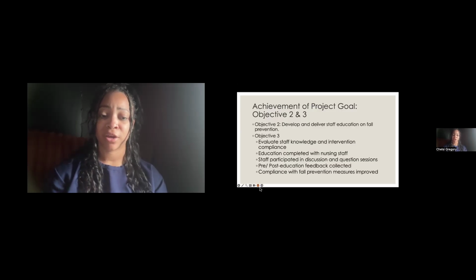I also evaluated compliance with the fall prevention measures through unexpected audits on the floor, random checks of different patients, just to see if, specifically the moderate to high fall risk patients, all of their interventions are in place. And if they weren't, then I again provided individualized education.